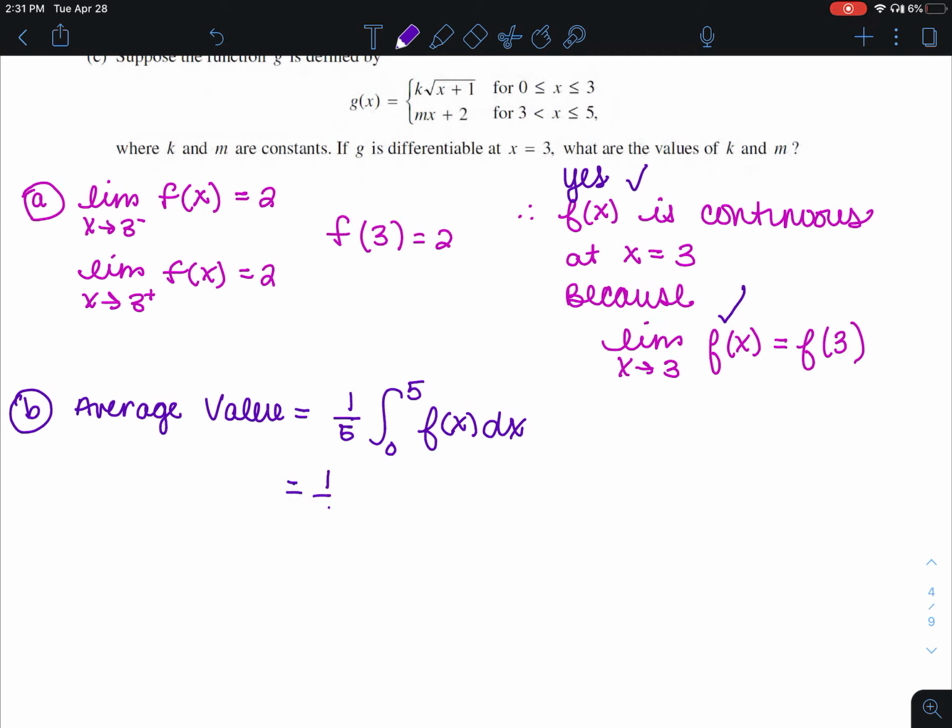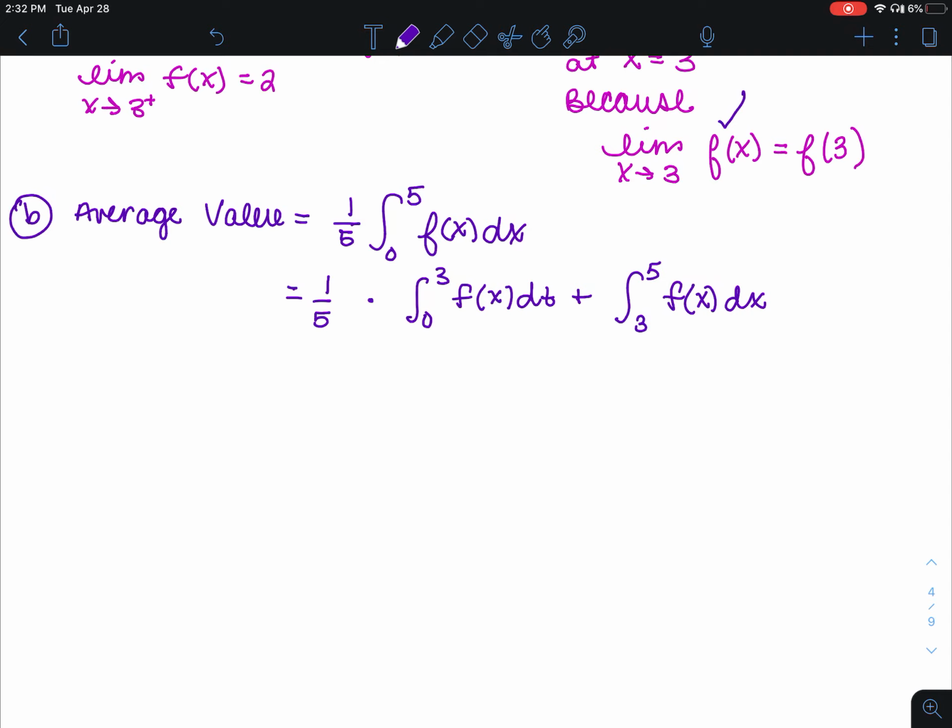Our 1/5 is going to stay outside. We're going to have to break up our bounds, right? So we've got 1/5 times the integral from 0 to 3 of f of x dx plus the integral from 3 to 5 of f of x dx.